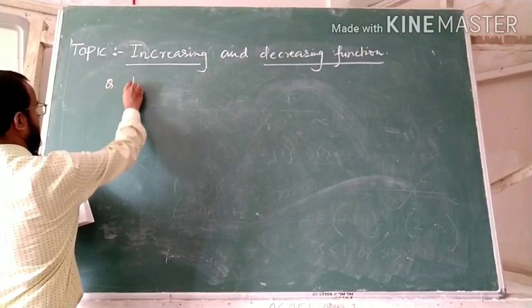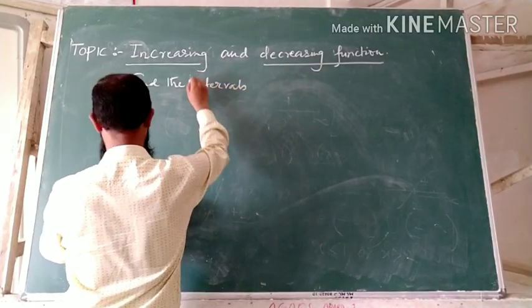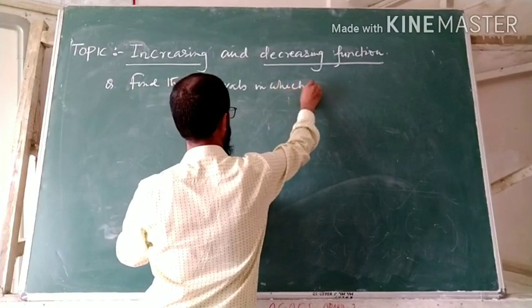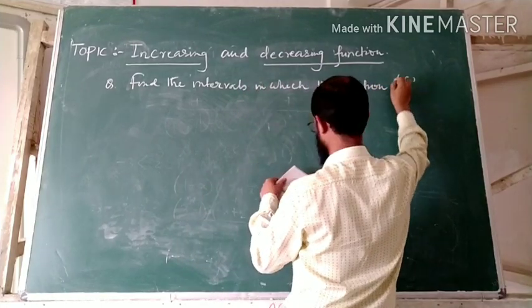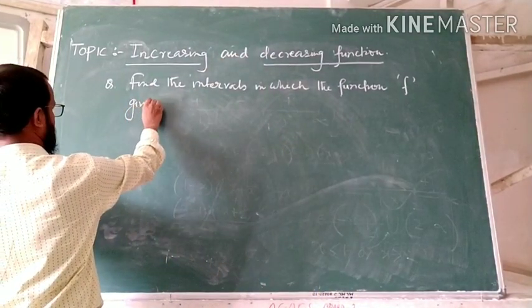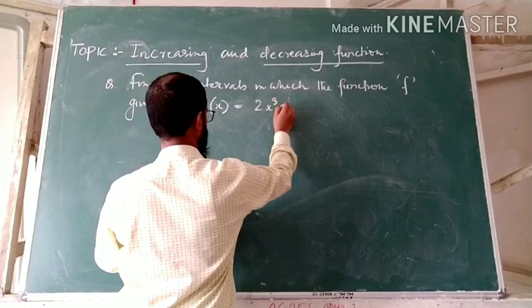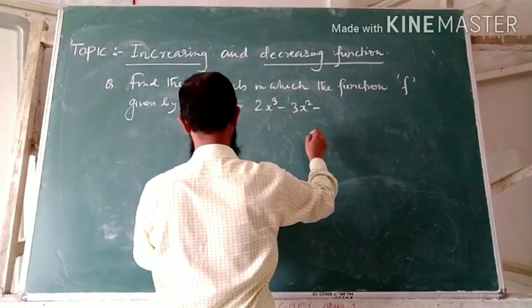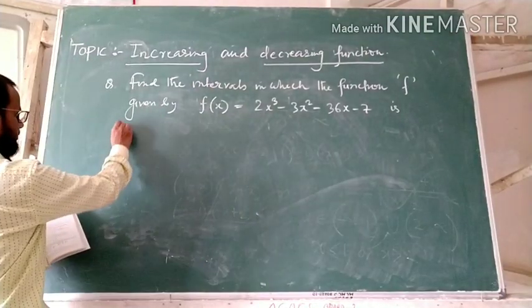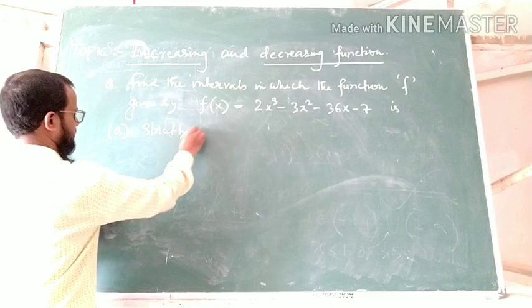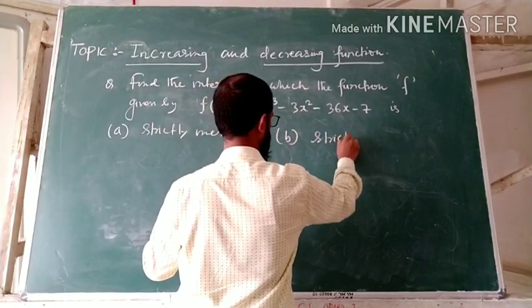Question is: find the intervals in which the function f given by f(x) = 2x³ - 3x² - 36x - 7 is (A) strictly increasing and (B) strictly decreasing.